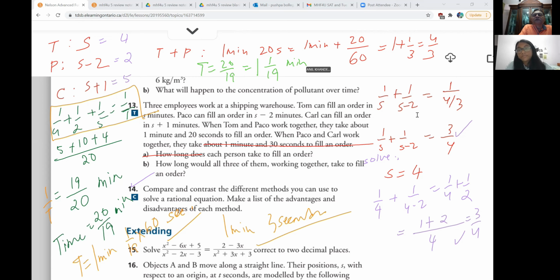So I converted this 1 over 19 minutes into seconds by multiplying it by 60. Oh, okay. So it is 1 minute plus 1 over 19 times 60 seconds. Is that okay? Yeah. That's perfect. Any other question for you?